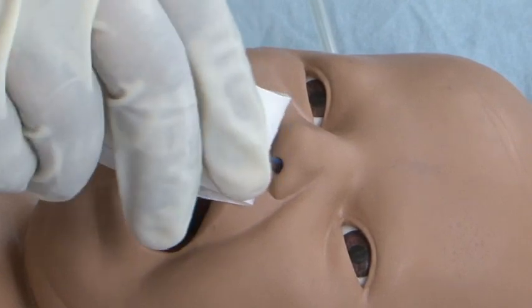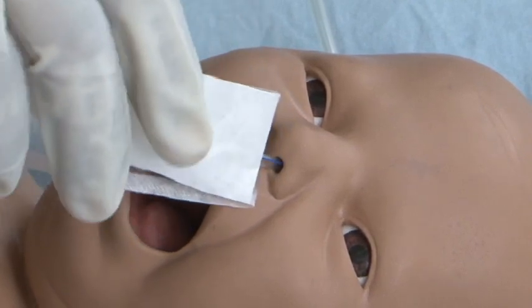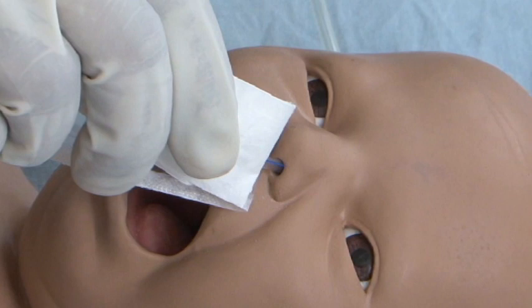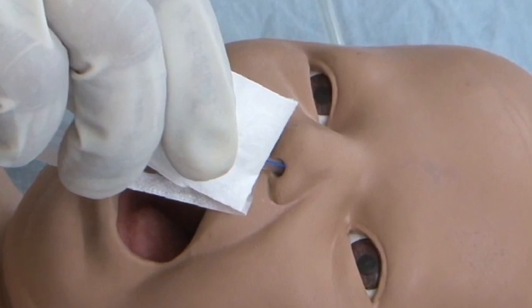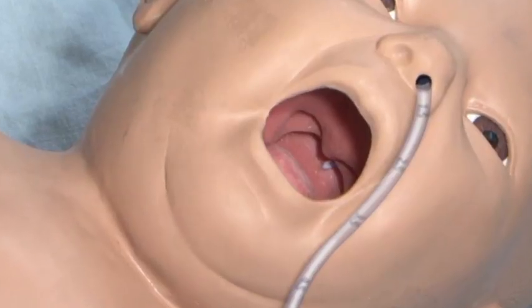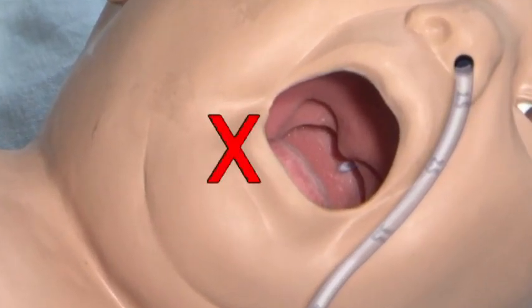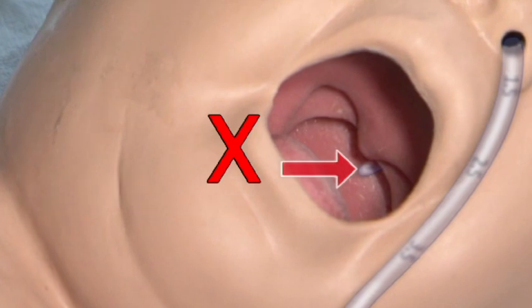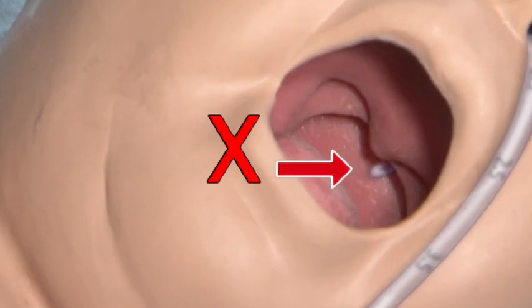Gently insert the catheter into the nostril up to the mark. Ensure that the catheter is correctly positioned. The tip of the catheter should not be too deep to be visible below the uvula.